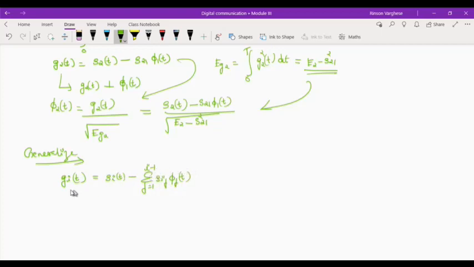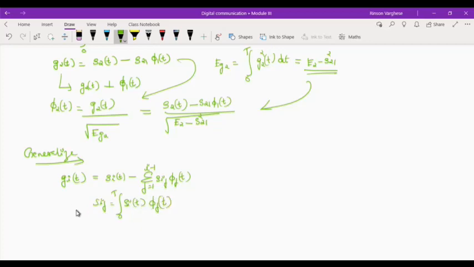For example, if you are finding the third generator function, you need to find the contribution of S3 in the first basis as well as the second basis and subtract it from S3. If you are going for the fourth, you need to find the contribution of S4 in phi 1, phi 2 and phi 3, and subtract it. Sij is nothing but the integral 0 to T of Si of t phi j of t dt.